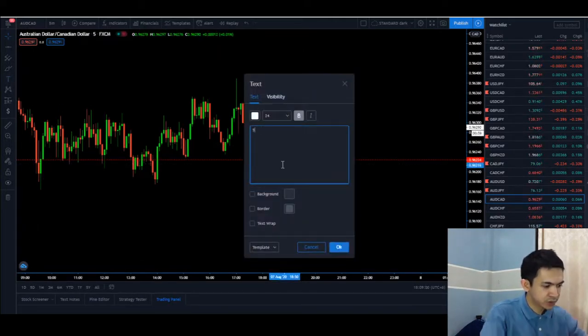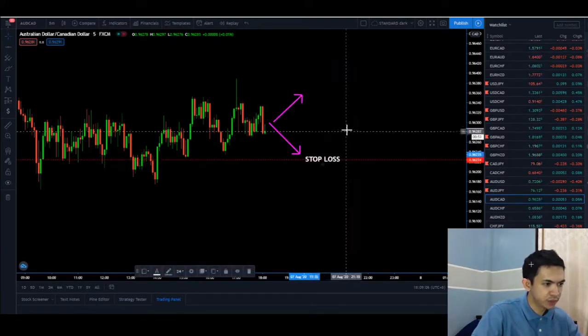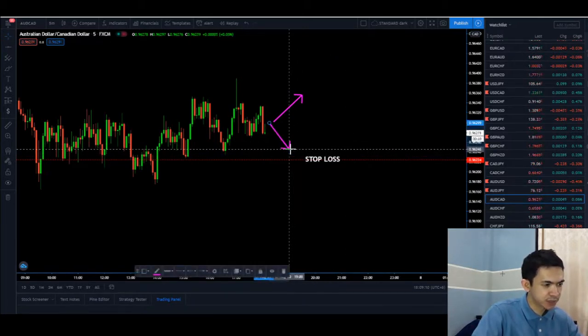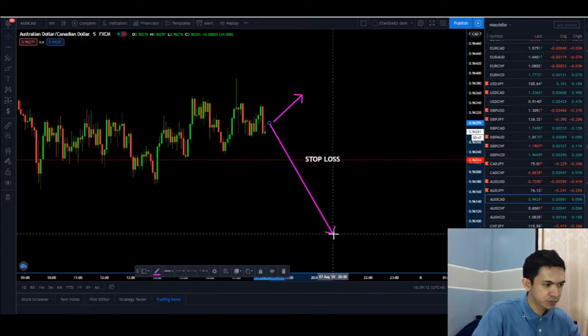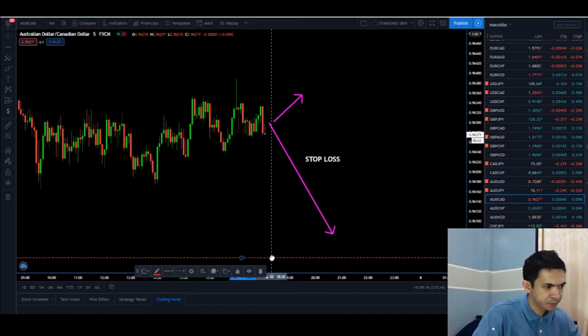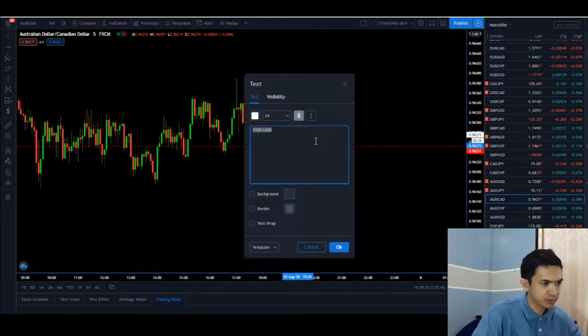So always use a stop loss. Right? It's going to be your savior when your analysis doesn't materialize or the price goes against you. If you don't have a stop loss, imagine: if you have one, you might lose, for example, $50.